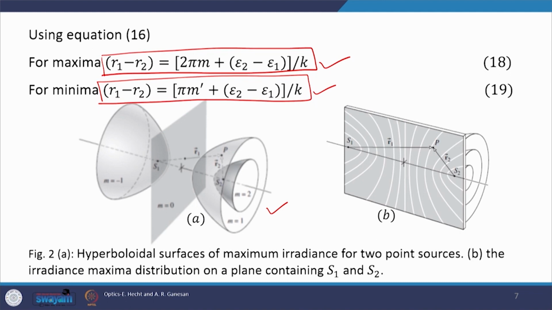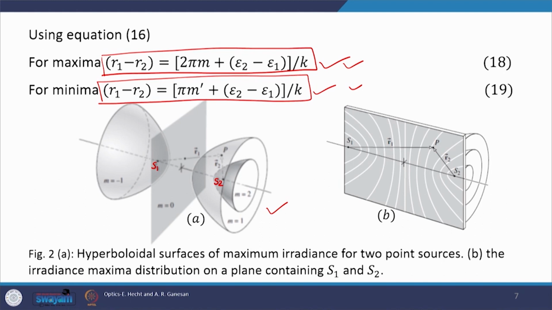Now, in this figure, S1 is source 1 and S2 is source 2. S1 and S2 are the two sources which work as foci of the hyperboloid of revolution. The right hand side in equations 18 and 19 represents the difference between the vertices of the hyperboloid of revolution.